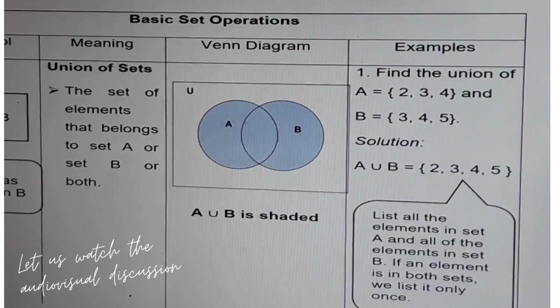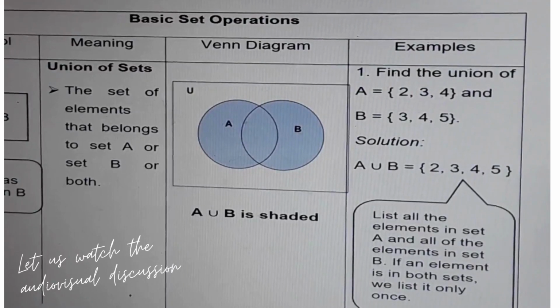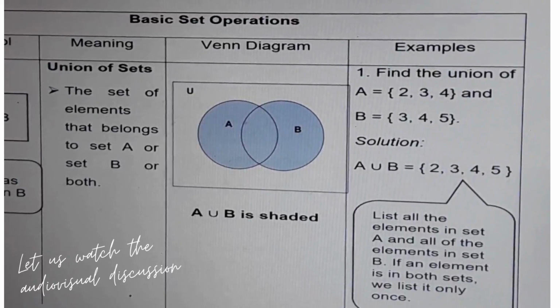If you have a symbol, bold letter U, comparing, for example, two sets A and B, A union B. It's the symbol of union of sets: the set of elements that belong to set A or set B or both.